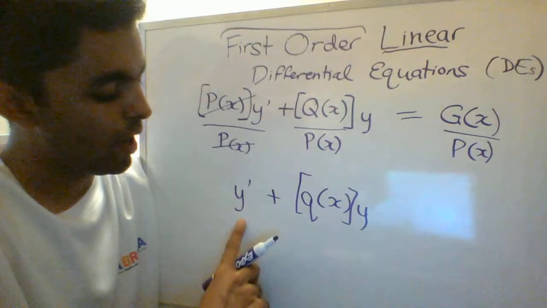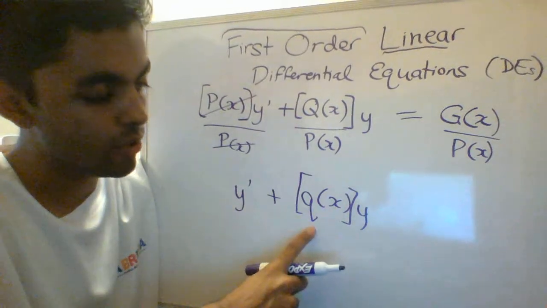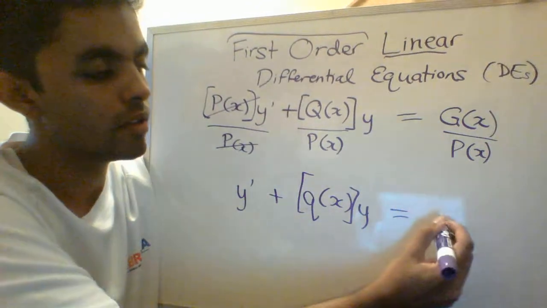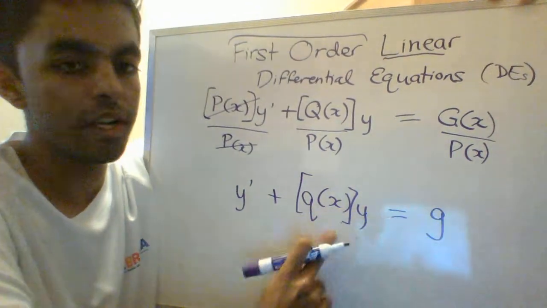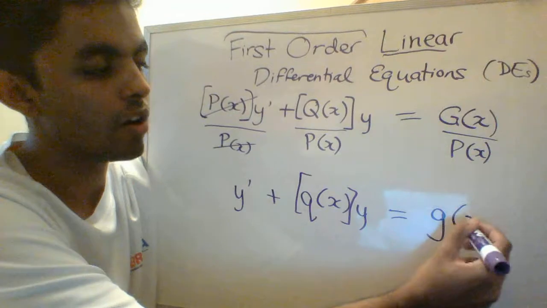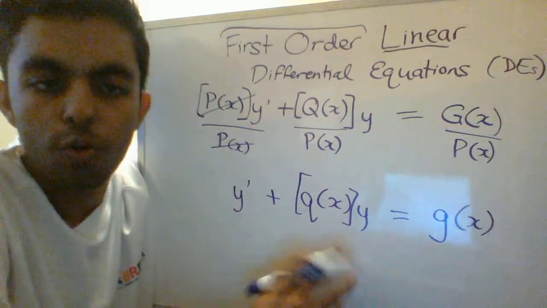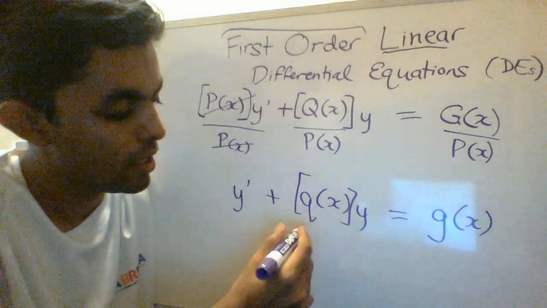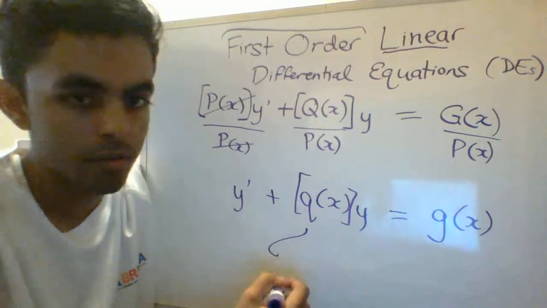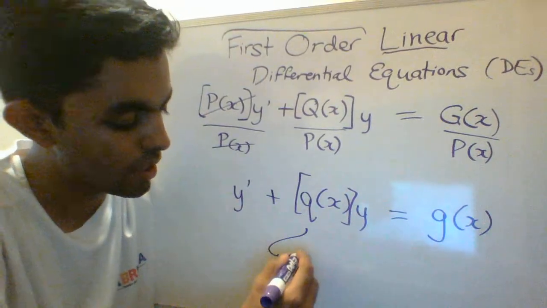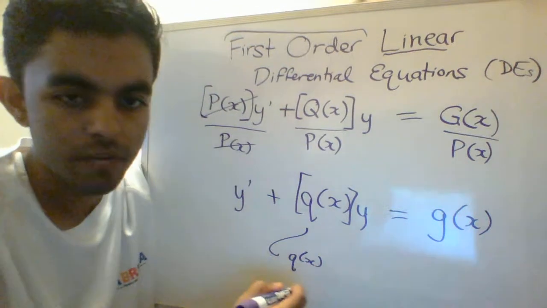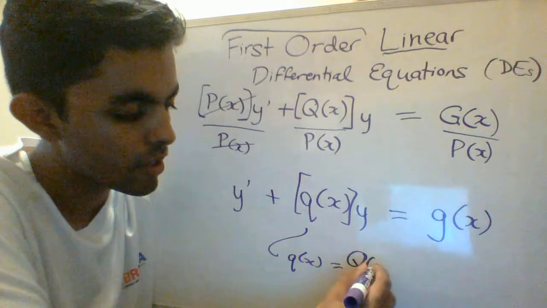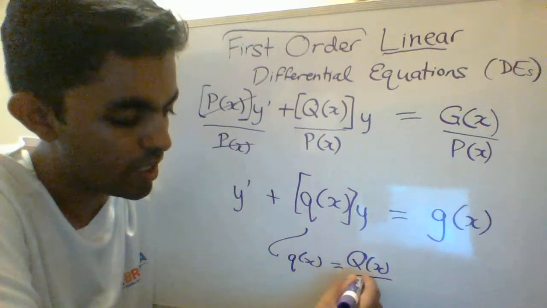So you have y prime plus little q of x times y is equal to, following the same pattern as over here, little g of x. And so pretty much we haven't actually changed anything. All that we're saying, so that we don't have to write as much down, is that little q of x is just representing big Q of x divided by p of x.